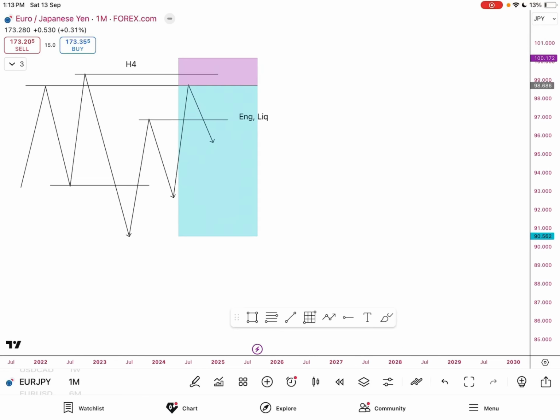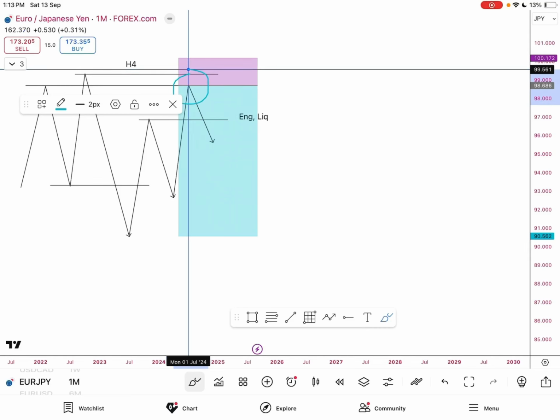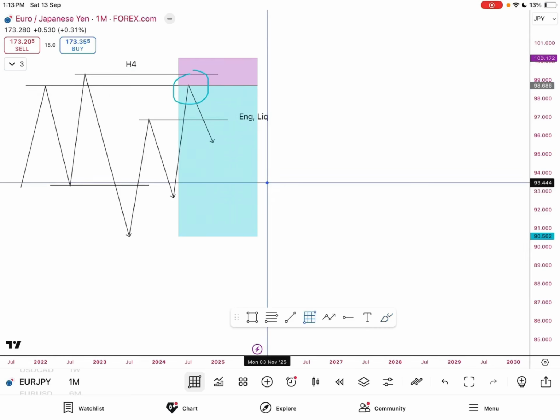If you don't want a direct entry, you need to go for a confirmation entry. You need to wait for the 4-hour candle. When the 4-hour candle touches this 4-hour key level, not the higher time frame key level, the 4-hour key level, you need to wait for the candle to close below this key level. That is the first thing you need to note.